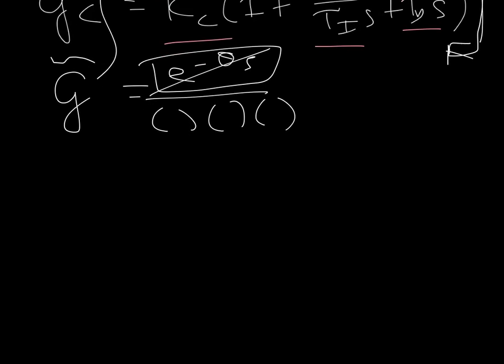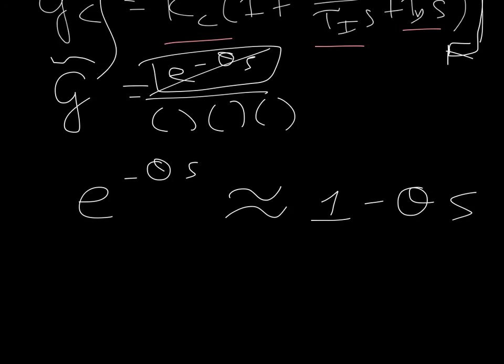For the simple case of a first order plus dead time model, we can do a first order Taylor substitution, where e to the minus theta s is approximated by 1 minus theta s. You can go and verify for yourself that this is the constant term, the term with s equals 0, and this is the first derivative term.